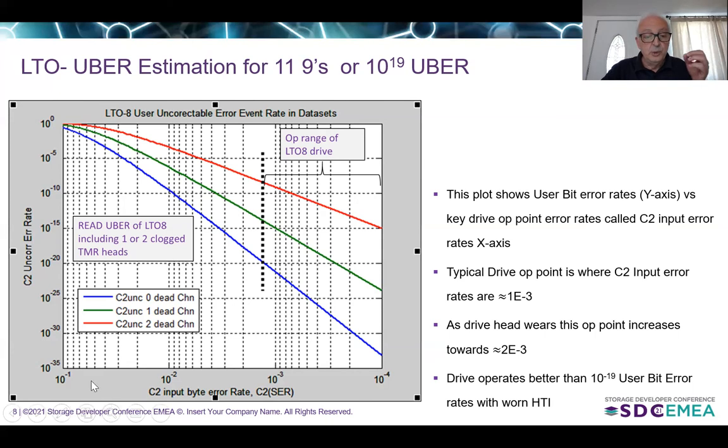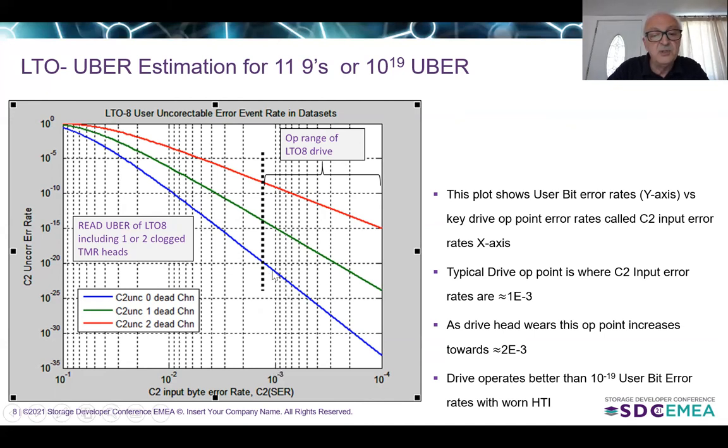So you look at the C2 input error rate on the x-axis. From there, you say how many channels your drive is operating. If your drive is operating with the full 32 channels, you go from the x-axis to the blue line and go horizontally till it intersects the y-axis. That is your user bit error rate. Typical drives will operate at 10 to the minus 3 error rate.